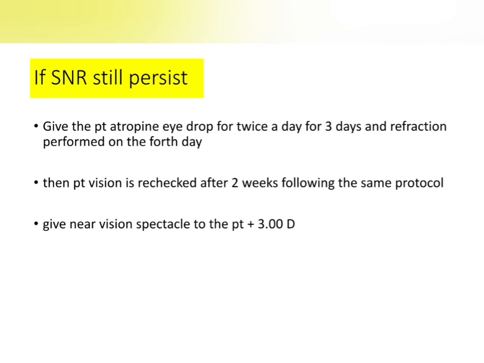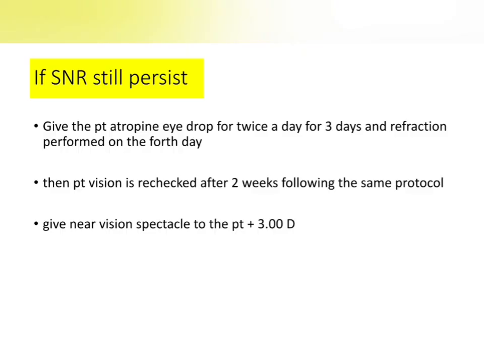The patient's vision is rechecked after 2 weeks following the same protocol, and then the patient is instructed to come for a follow-up visit at 3 months interval. During this atropine sulfate procedure, give near vision spectacles of plus 3 diopter.